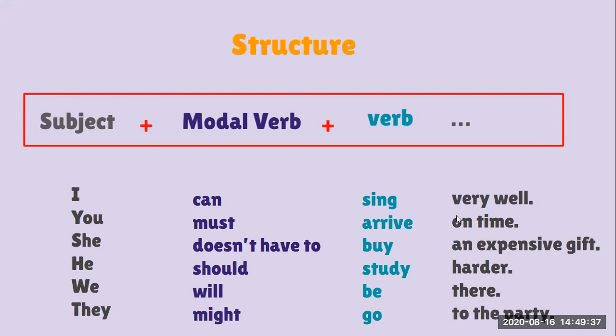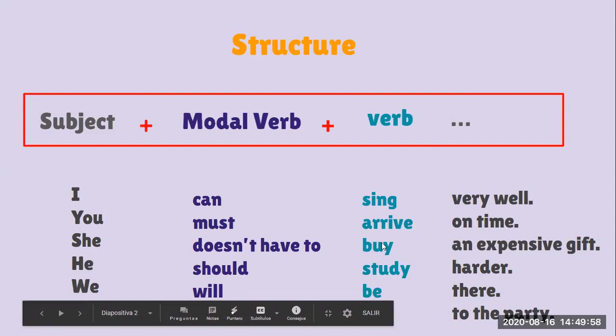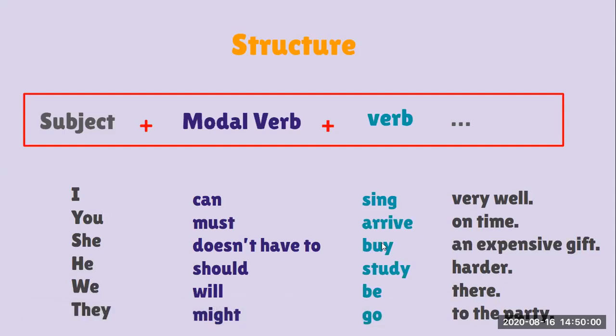Something that you need to take into account that is very important when we use modal verbs is the verb. As you can see in these examples, the verb doesn't change, even if we are talking about the third person. As you can see in this sentence, it says she doesn't have to buy an expensive gift.